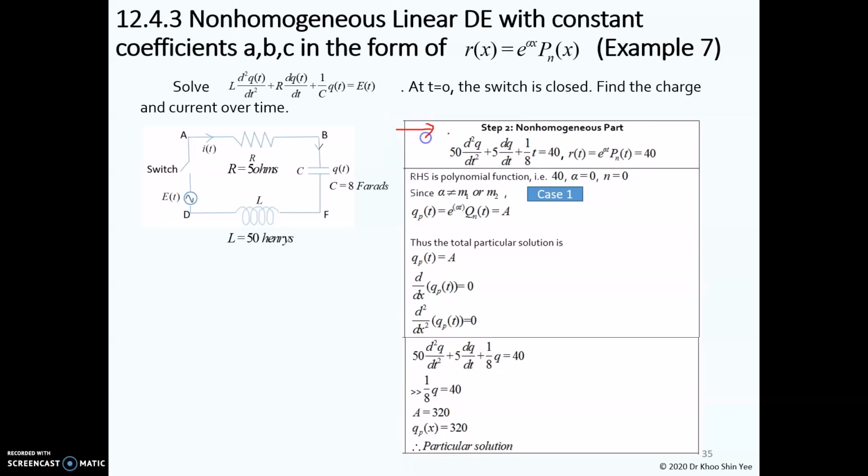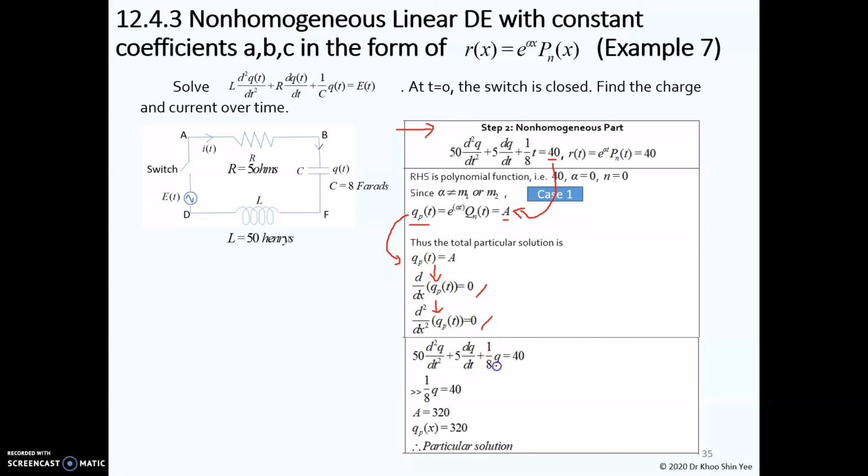Then we continue to solve the non-homogeneous part, where the right hand side is equal to 40. Based on the right hand side function, we can propose the particular solution to be a constant A. Since the particular solution is linearly independent of the complementary solution, we can proceed. Differentiating a constant gives you 0, so differentiating again, you obtain 0 as well.